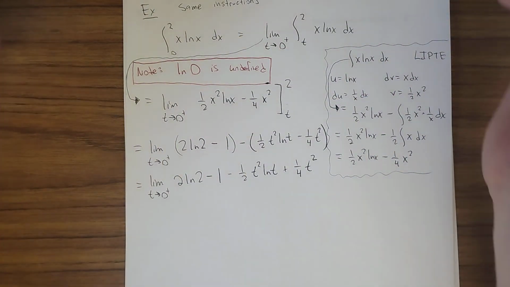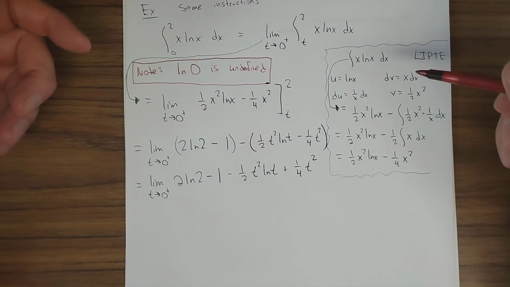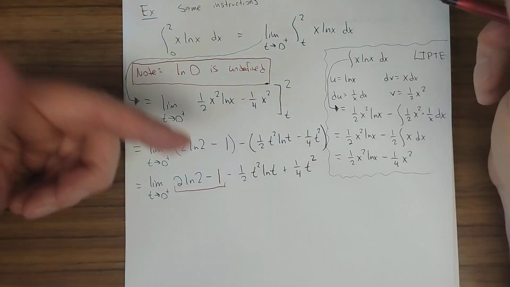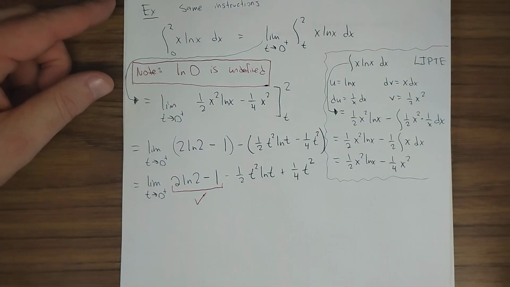Okay, let's take inventory. I need to do the limit as t goes to 0 from the right of this. Now, part of it doesn't even have any t's, so this is going to be easy. This just goes to what it already is.